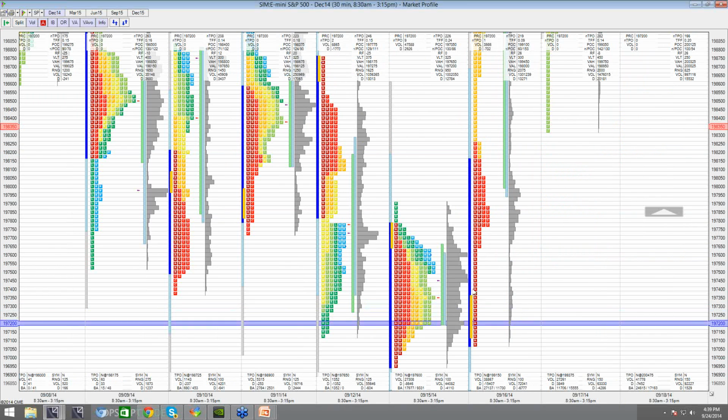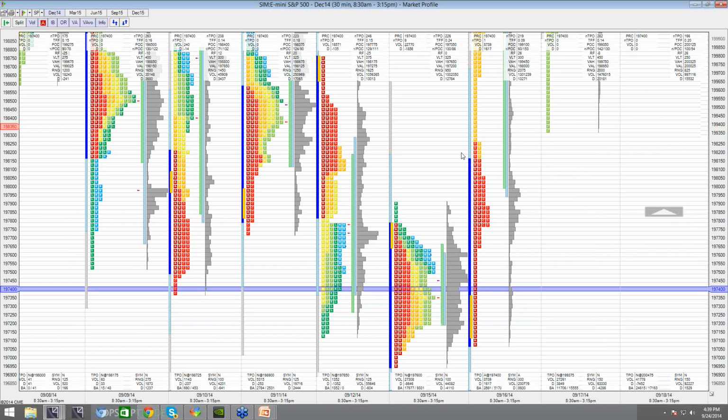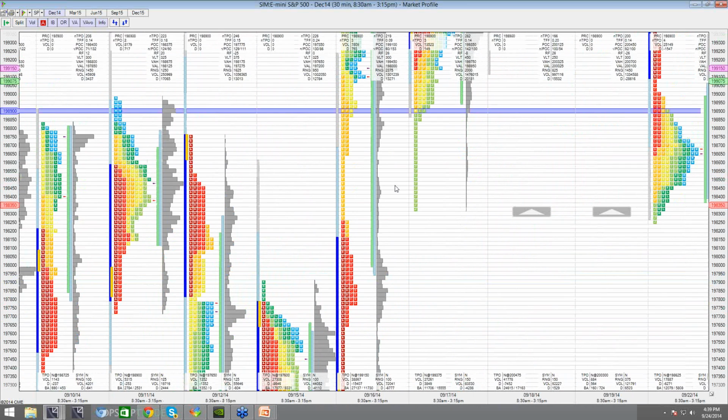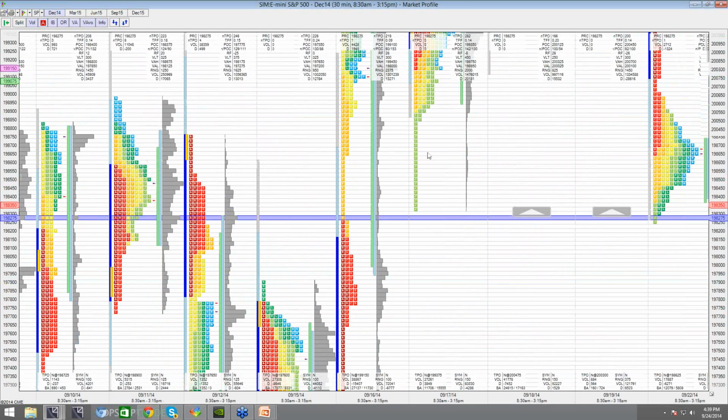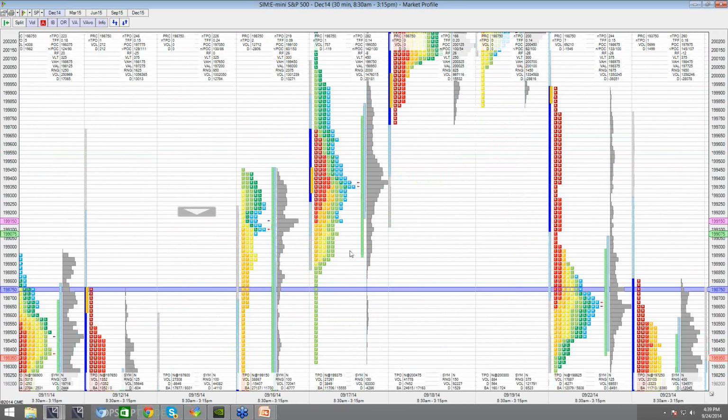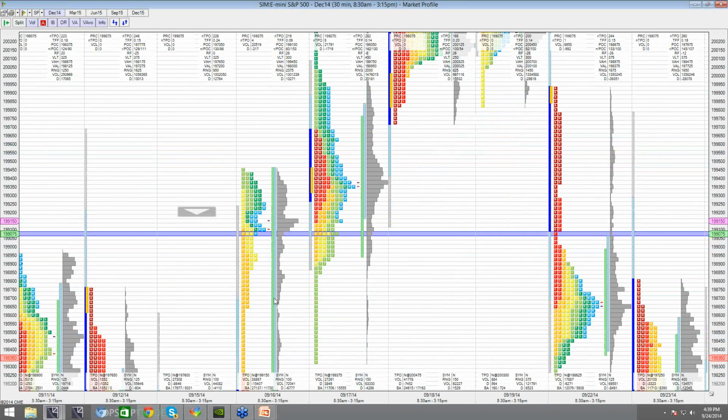Opening here, the big strong day to the upside, just a couple of days after the rollover. Now we've got value moving higher. We've left balance, not even overlapping higher. Now we're overlapping higher. Now we're flat out higher. We're overlapping higher.